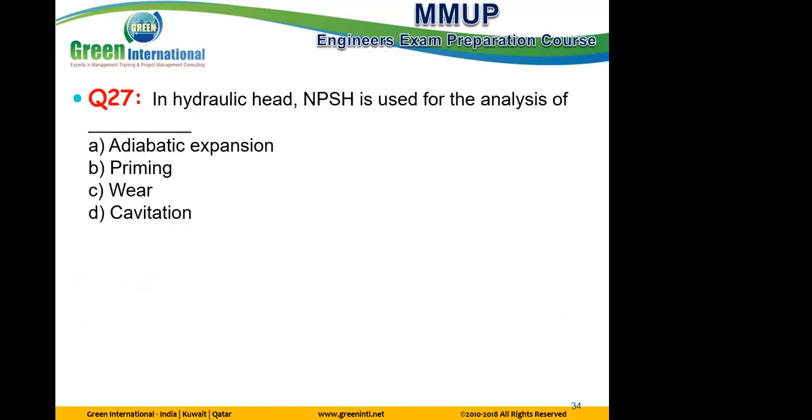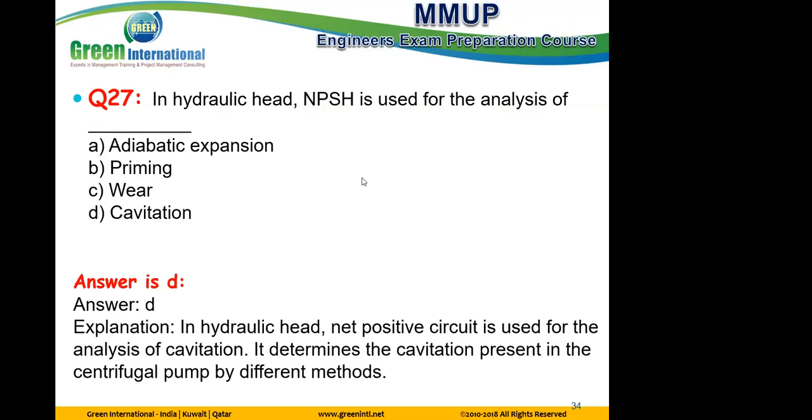One section is used for resistance. Cavitation. Priming. Analysis of what? Cavitation. The main function is to be aware whether cavitation will happen or not.